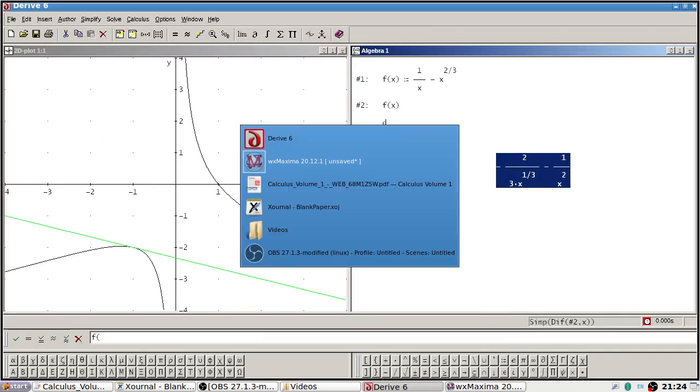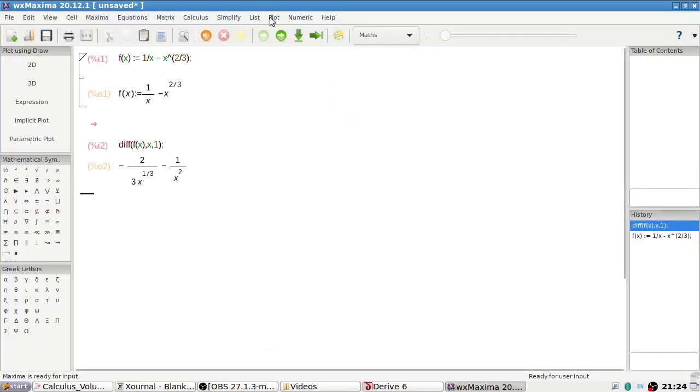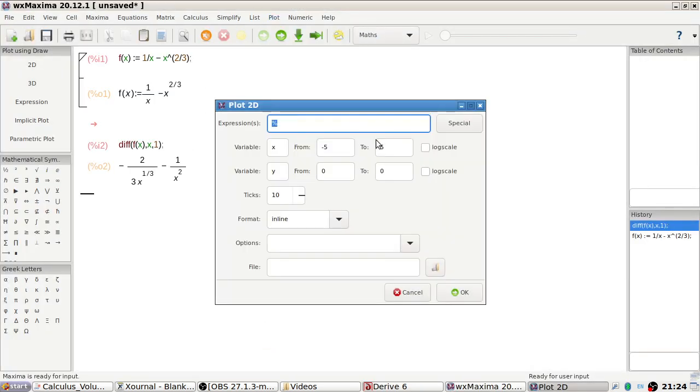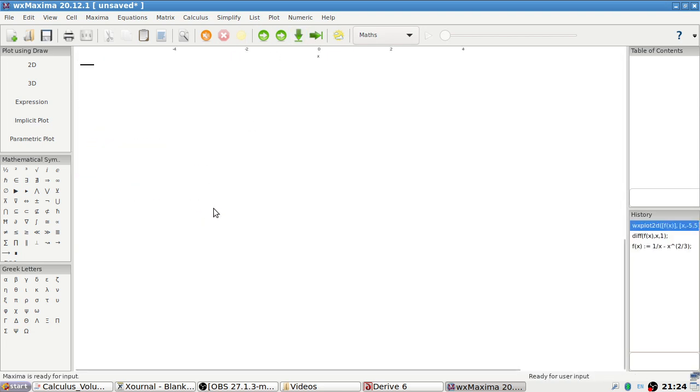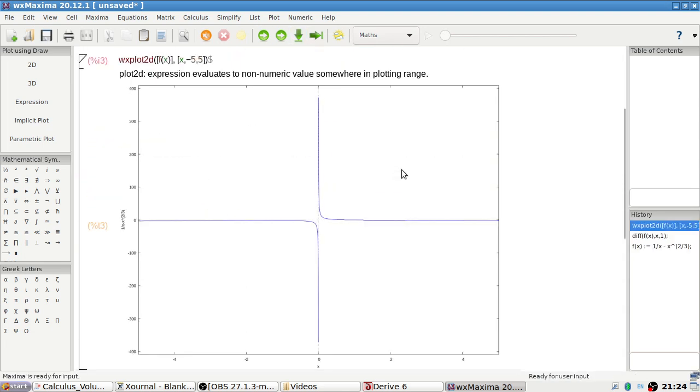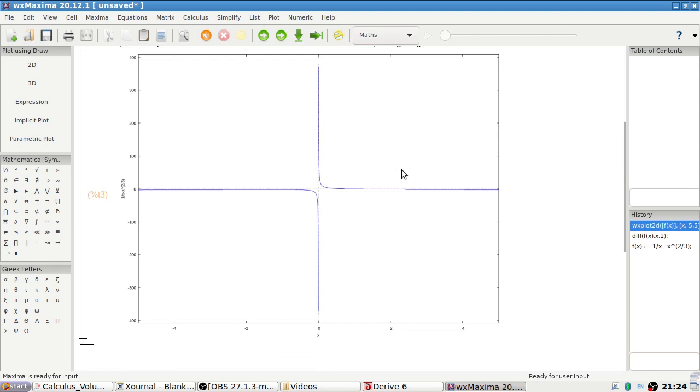And let's see its graph. I think I do it like this, isn't it? Oh, I think I don't need the y in here. Yeah. Okay. So this is a first.